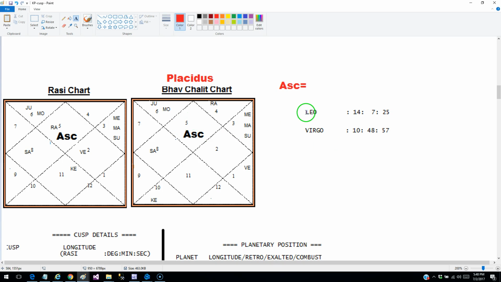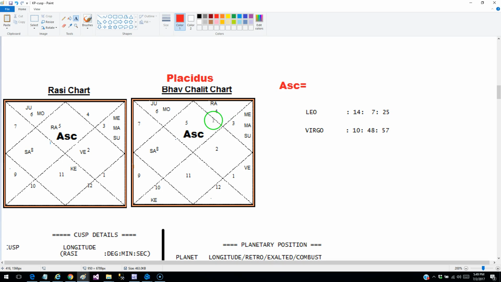Now, you see that this is Leo and Virgo both, so don't get confused. When you are judging a horoscope from the Bhav Chalit chart, you are only concerned with the starting point. You don't say that this person has Leo tendencies and Virgo tendencies. No, that is not the case. The starting point is what needs to be taken for reading a horoscope.